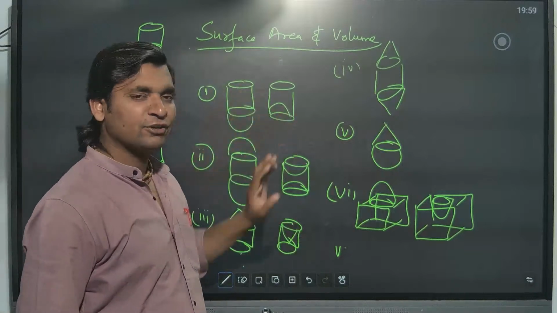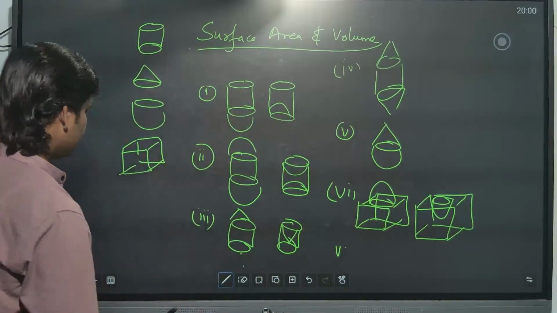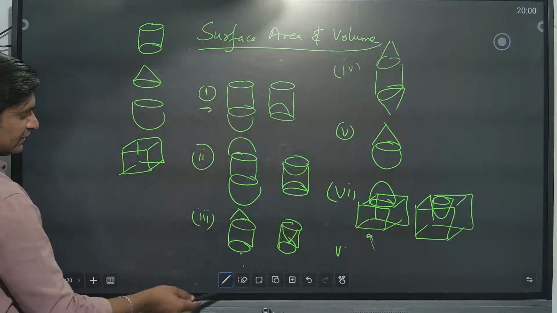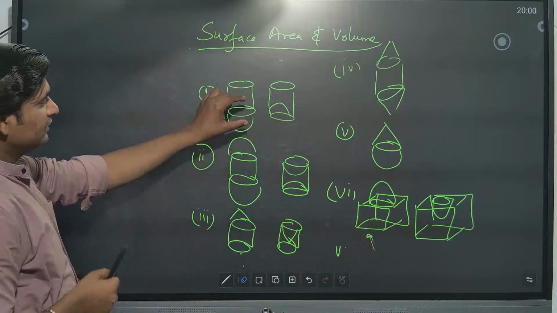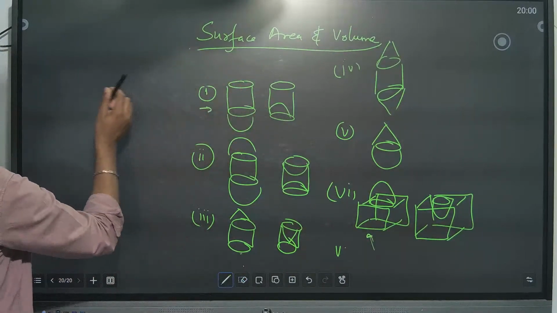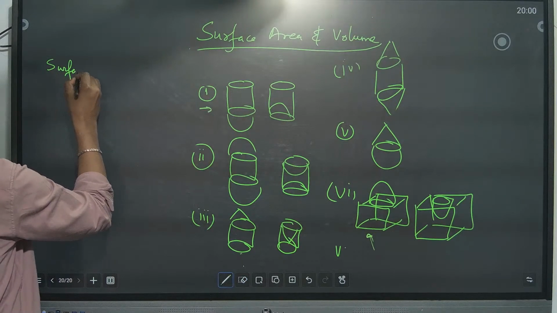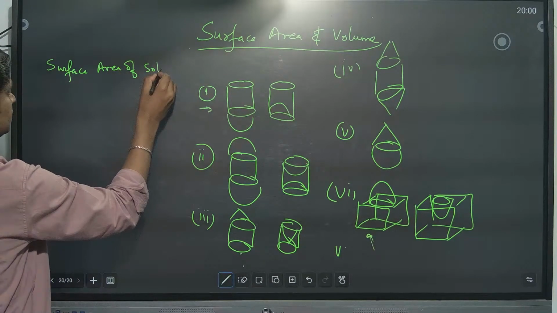Now how to create formulas? One formula I will say for this and one for this. Remaining you can easily draw and write. See what the trick for writing is. They ask the surface area of this solid. So you write surface area of solid.